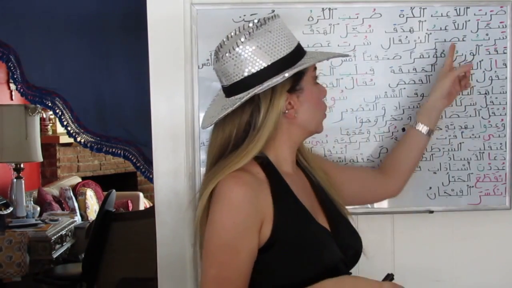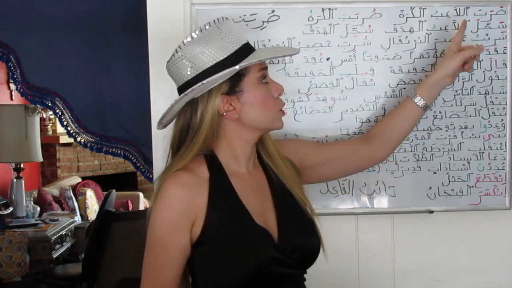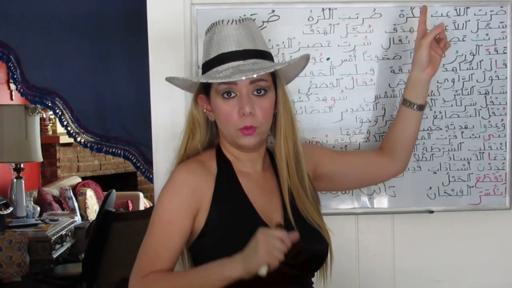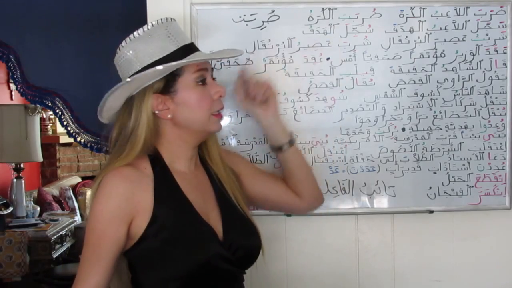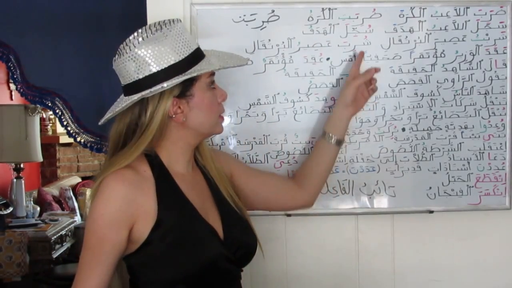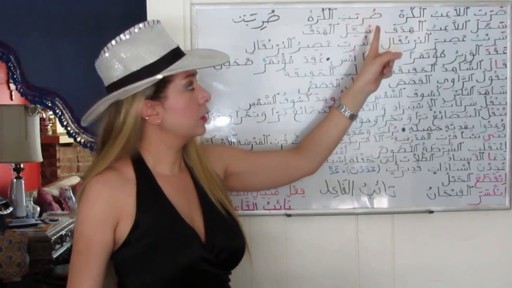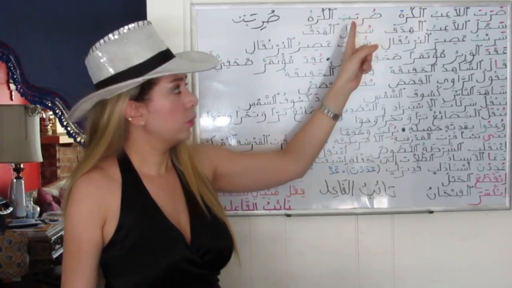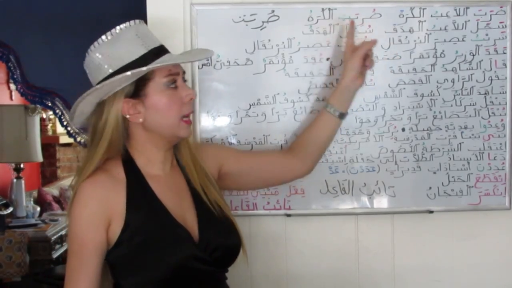سجل اللاعب الهدف. سجل is to score. So here the player scored the goal. So the player has to be proud of himself. But it's not the case when it's in the passive form. So we say sujila again. The dhamma u i. Sujila.